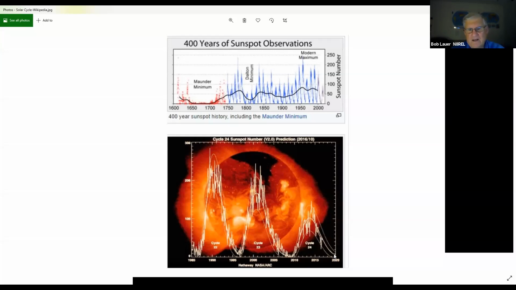Depending on who you read, solar cycle 25 either begins at the end of 2019 or somewhere up through the end of 2020. Who knows? I don't. But anyhow, 25 is supposed to be not gangbusters, but at least a little better than 24.